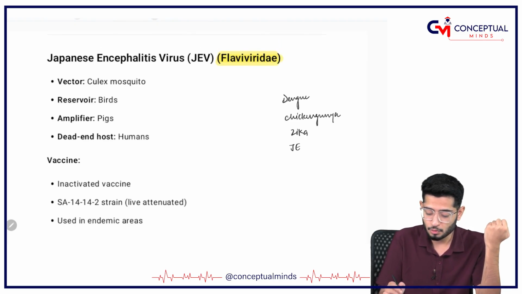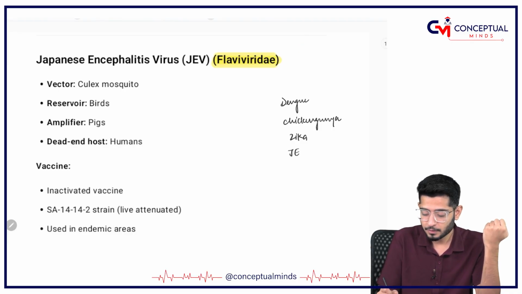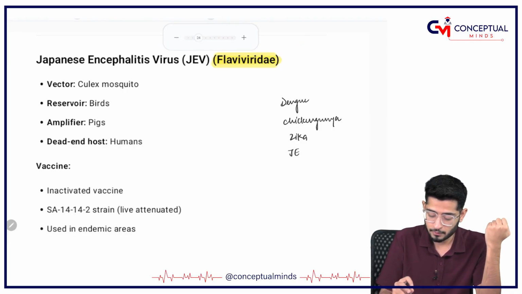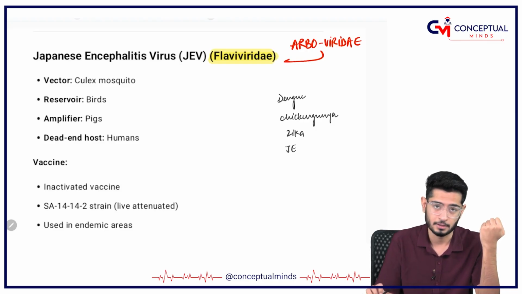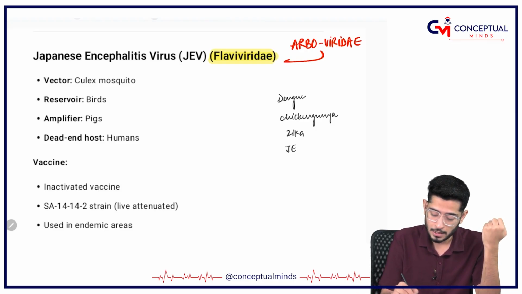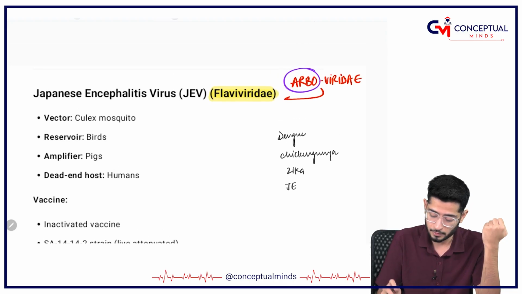Now my dear friends, Flaviviruses are a further classification of a big family called Arboviruses. Arboviruses is the main one, and Flaviviruses belong to it. Now what does Arbo mean? Arbo means arthropod-borne.